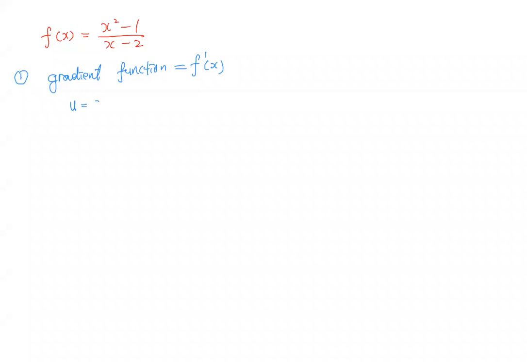Okay, u is x squared minus 1. v is x minus 2. Ashvindaran, what is u prime? Hello, I'm calling you. Please answer me. If you don't know, you tell me you don't know. I still don't know, miss.